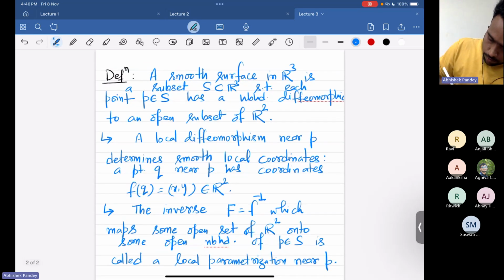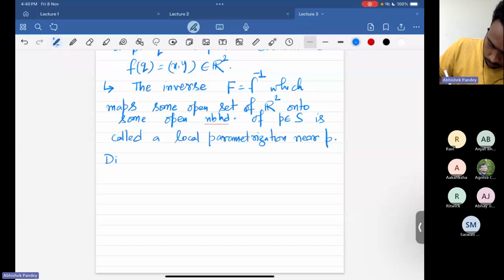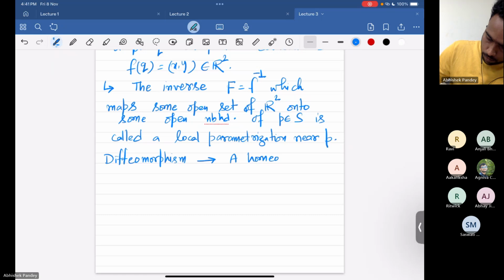Let me just clarify this one. By a diffeomorphism, I mean a homeomorphism F such that F and F inverse are smooth.